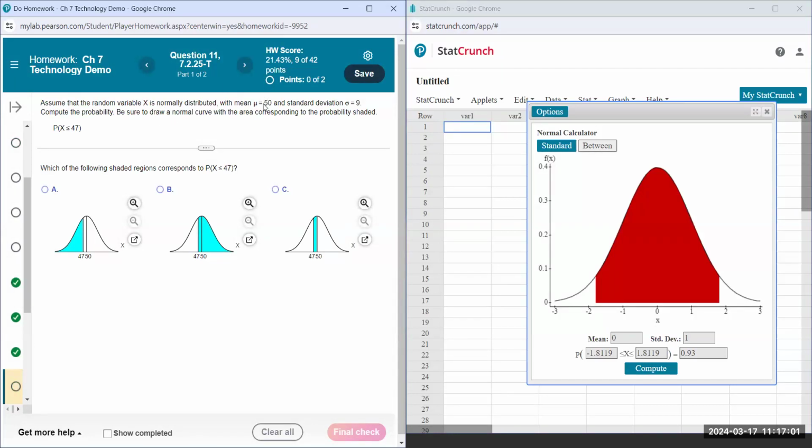We have a mean of 50 for this normal distribution. Okay, they all show a mean of 50. And it deviates by 9. Compute the probability of being less than 47. So let's say the average age that somebody starts thinking about retirement is 50 years, give or take 9.